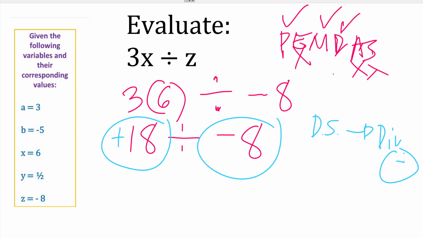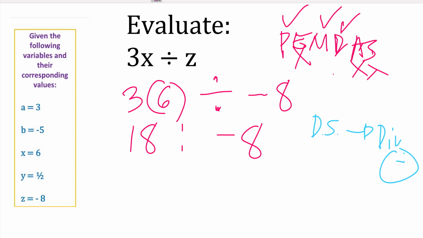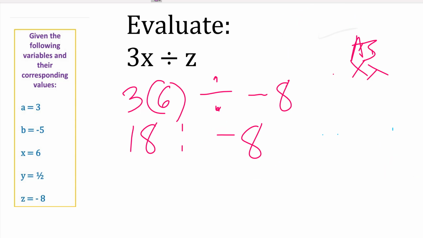So let's try to simplify these things. First, we're going to erase these things here. How do you divide 18 divided by 8?